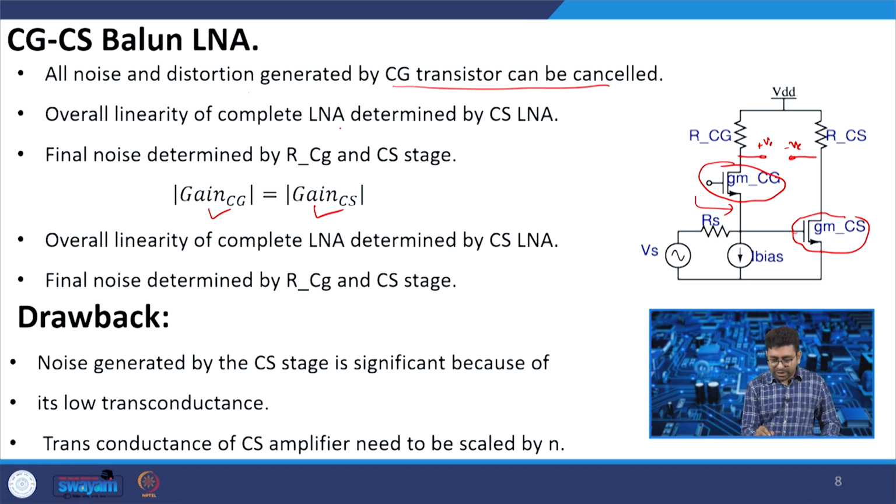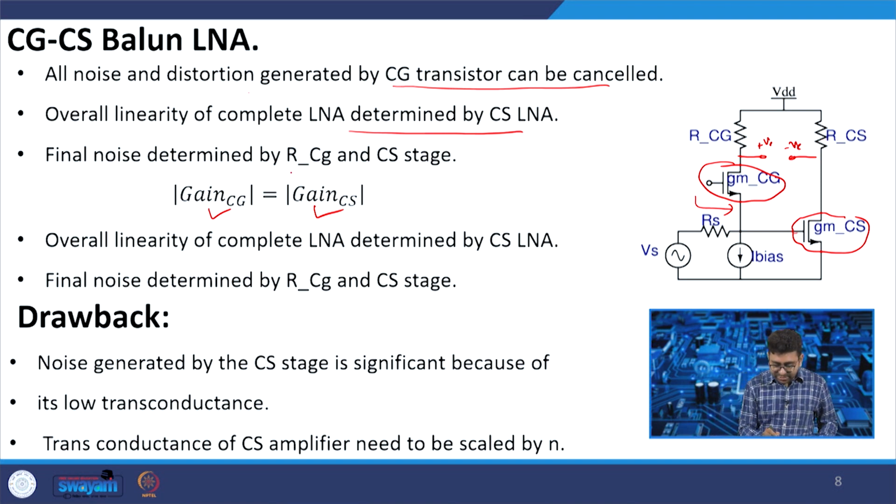Overall linearity of the complete LNA is determined by the common source LNA, because here it will have a higher overdrive voltage, and the advantage is that you can directly cancel out the second order harmonics.